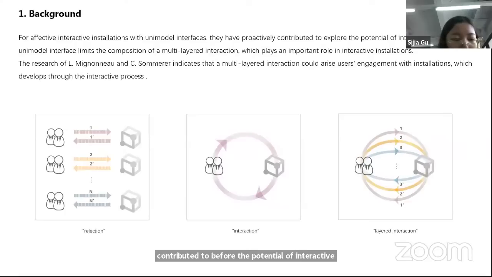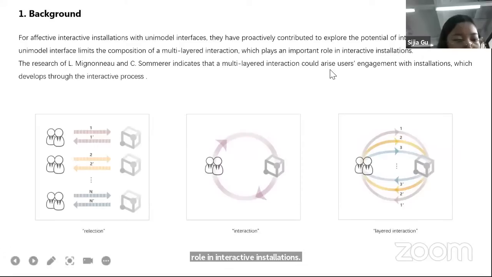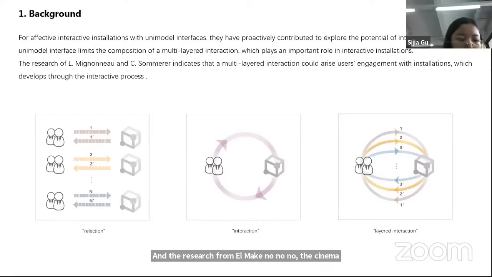However, a unimodal interface limits the composition of a multi-layered interaction, which plays an important role in interactive installations. And the research from L. Mignano and C. Sijia, which we took as the basis of our experiment, indicates that a multi-layered interaction could raise users' engagement with installations, which develops through the interactive process.